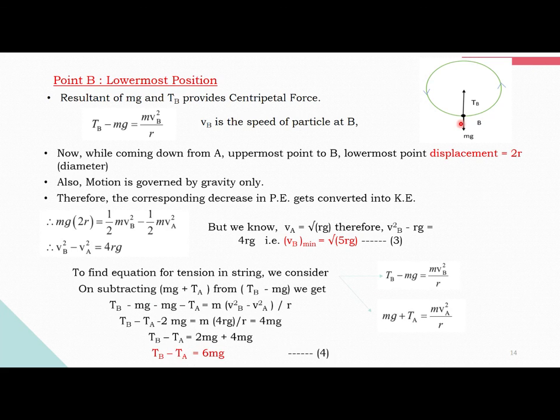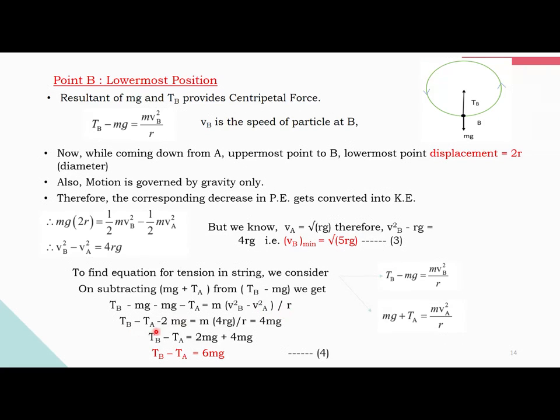To find the equation for tension in the string, we consider Tb minus mg is equal to mVb square upon r. On subtracting mg plus Ta from Tb minus mg, we get Tb minus mg minus Ta is equal to m times Vb square minus Va square upon r.